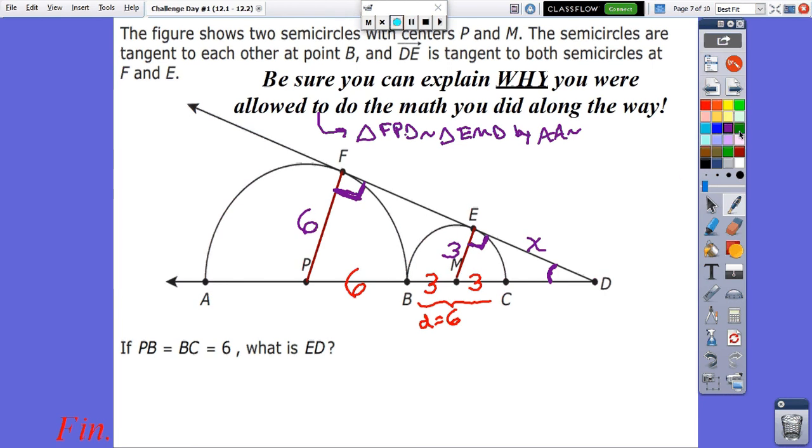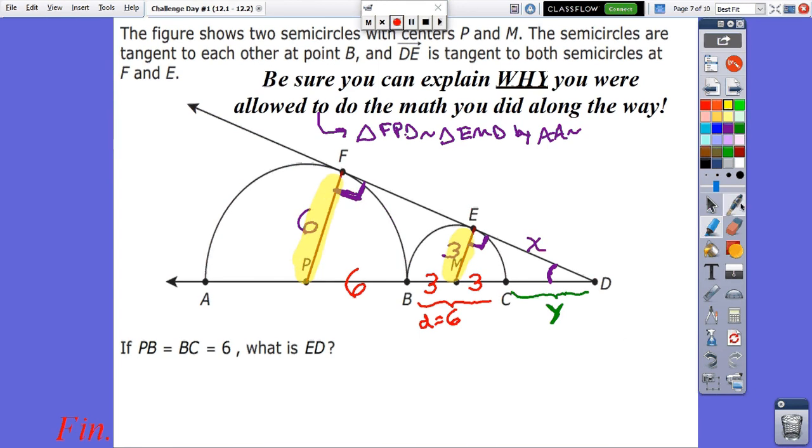So how about we come down here and let's call this piece from C to D, let's call it Y. The one ratio that we know we get to use in this problem is the radius to the radius.